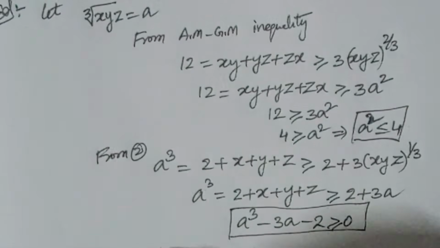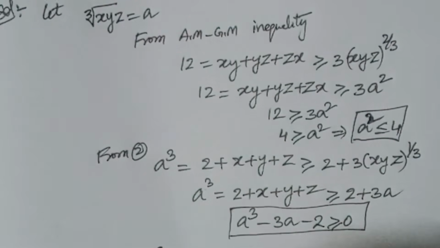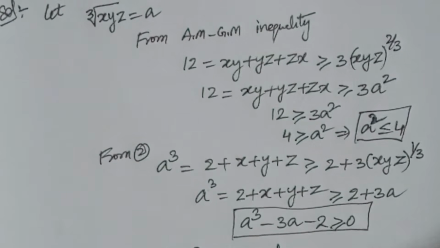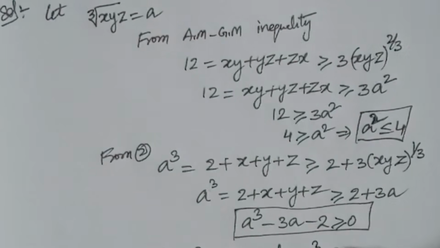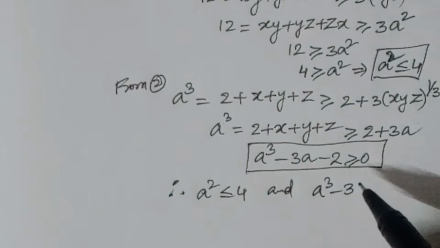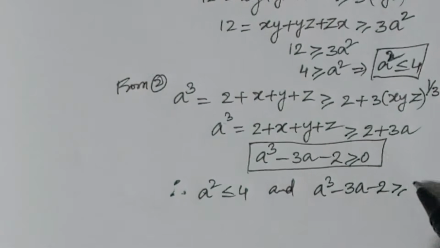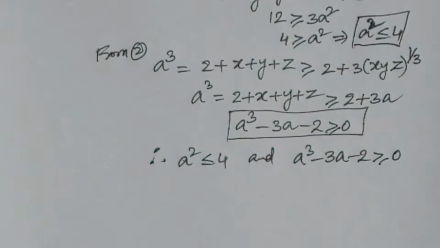So from the first, a square is less than or equal to 4, and from the second, a cube minus 3a minus 2 is greater than or equal to 0.